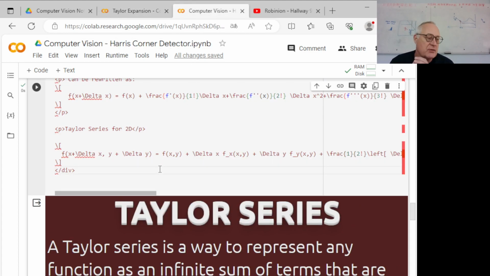So let's go back to our Harris corner detector and see how that applies in order to detect corners.